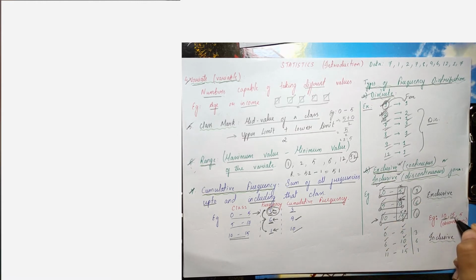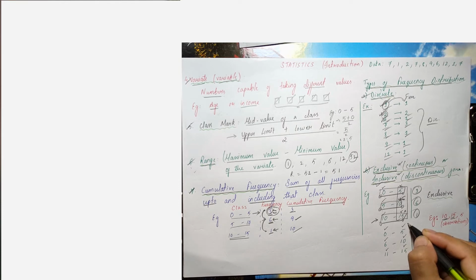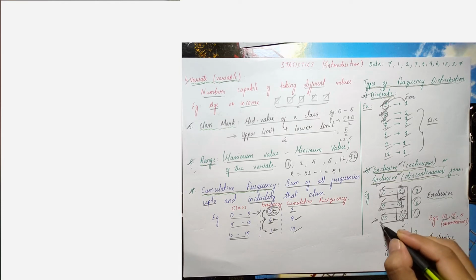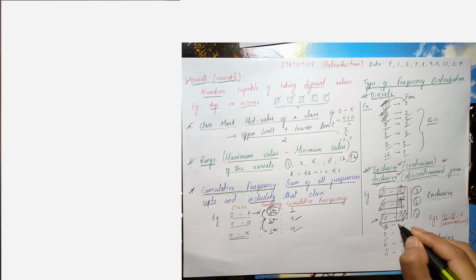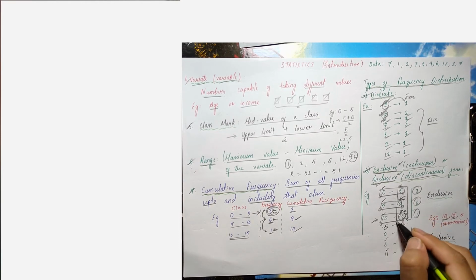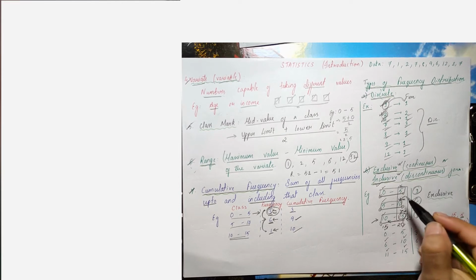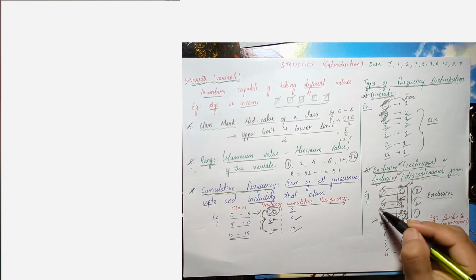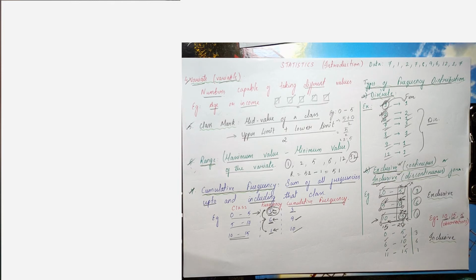Similarly, you have 15, it will not go under any of these, so we'll have to create a fourth class, that is 15 to 20. We cannot put 15 here because this value doesn't contribute towards the class. Similarly, if we have 5, then 5 will not go to this class, but it will enter this class.